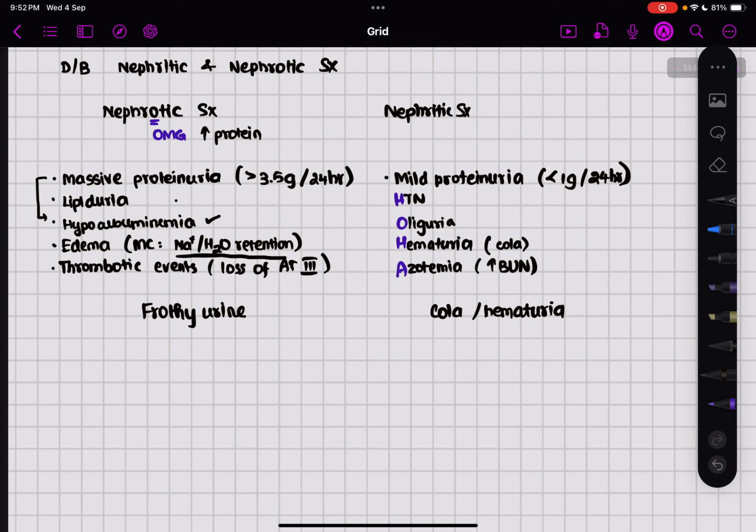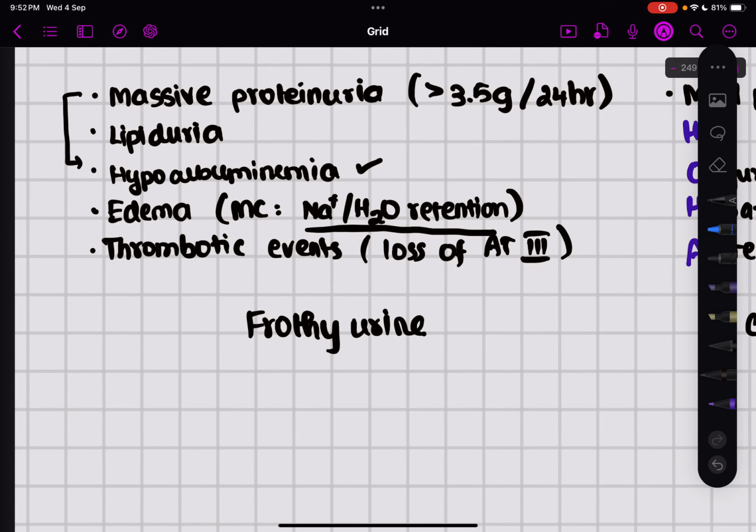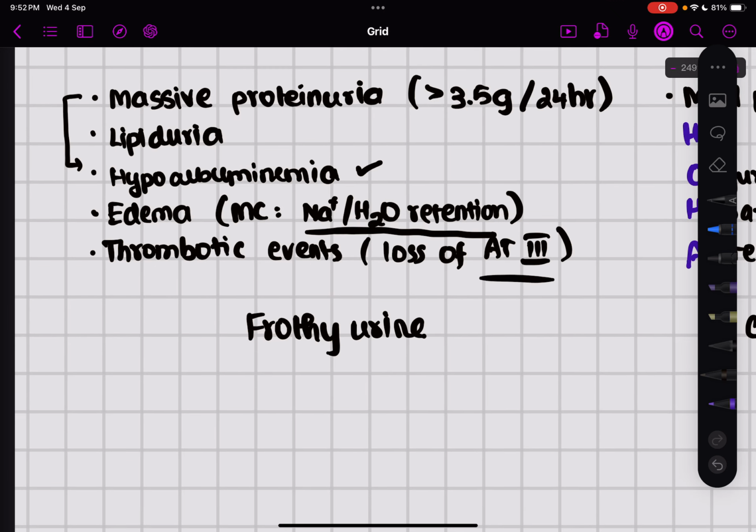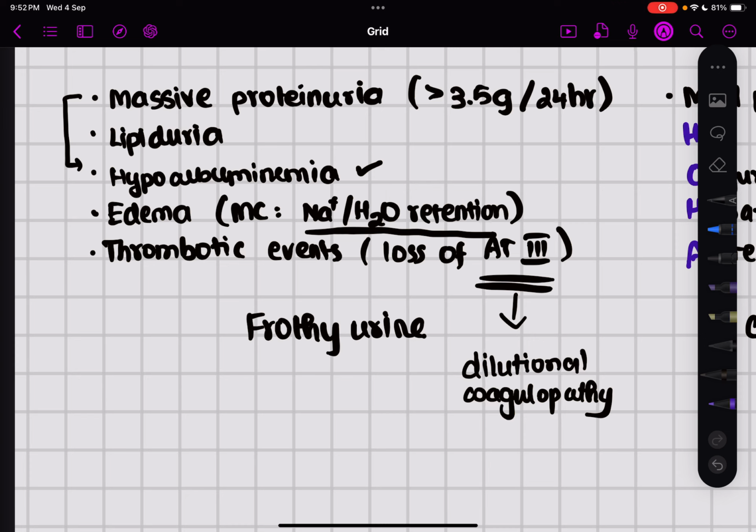They are massive proteinuria, hypoalbuminemia, lipiduria, edema, and dilutional coagulopathy. It is also due to antithrombin 3 defect. Actually, coagulopathy occurs due to antithrombin 3 and also due to dilution.